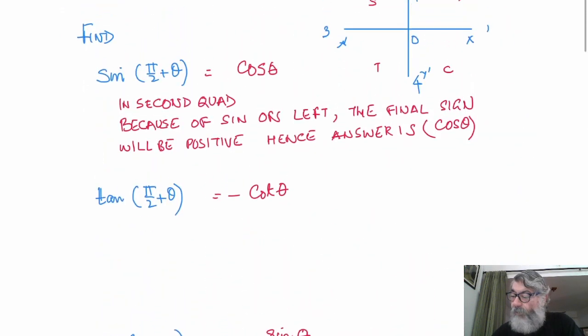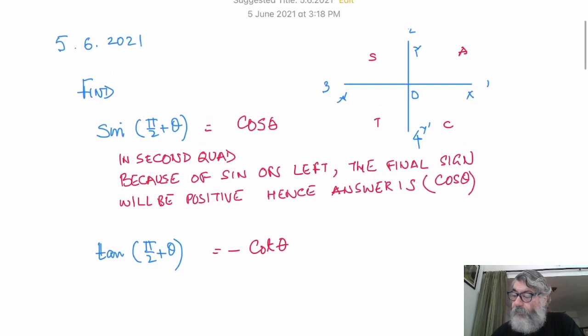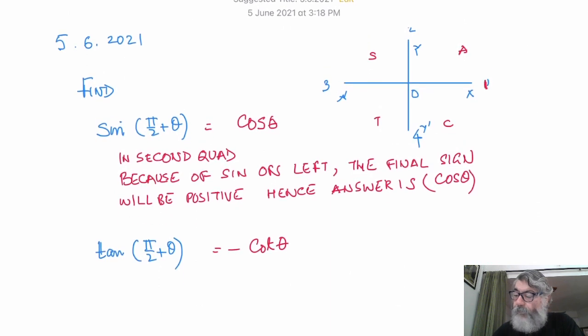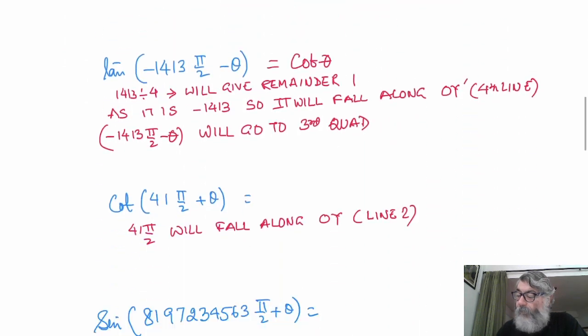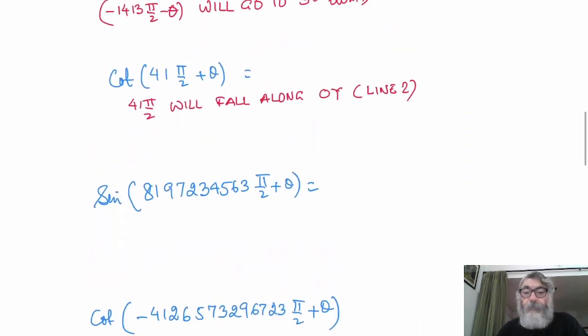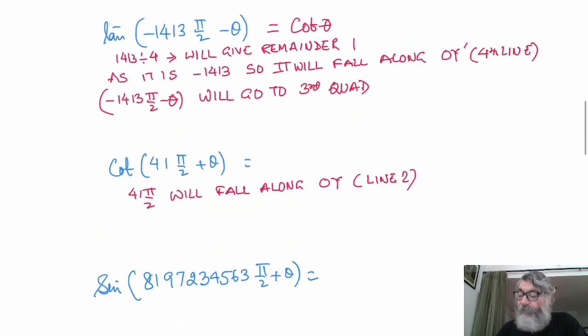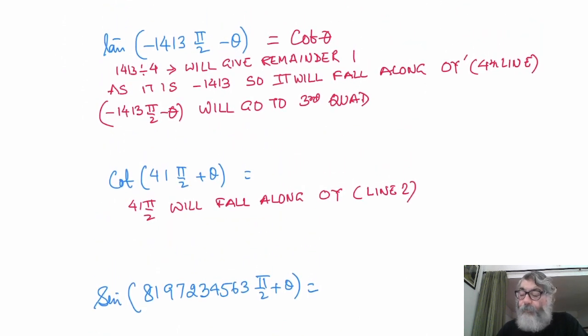This is 1, this is 2, this is 3, this is 4. So it is going to fall along line 2, 41 pi by 2 along line 2 plus theta.